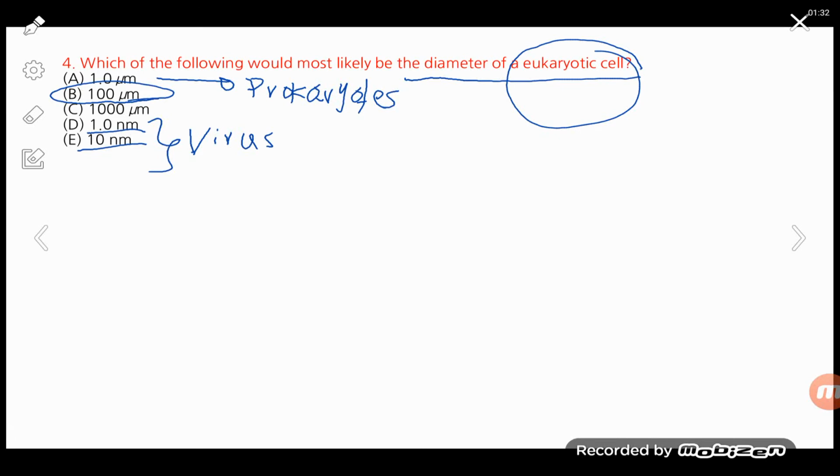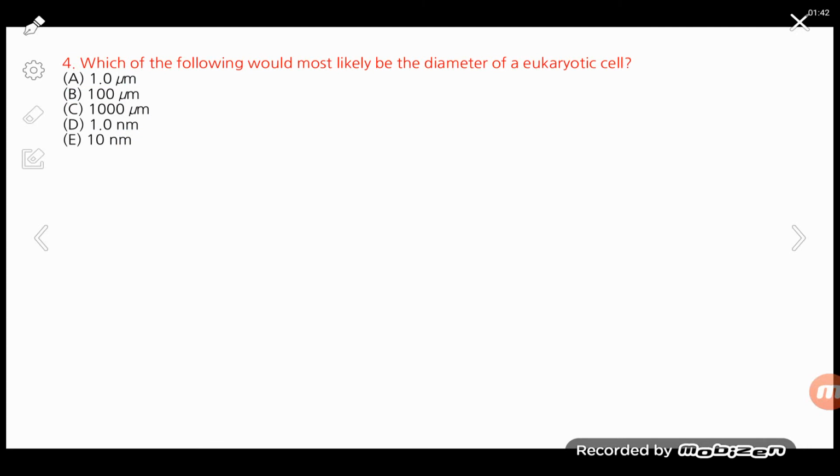Or we can say these are the diameters for bacteria. So the answer for the question, diameter of a eukaryotic cell, is B, 100 micrometer.